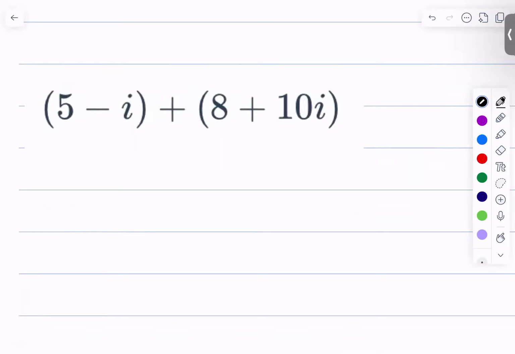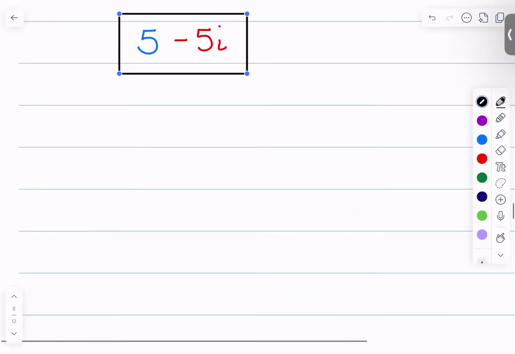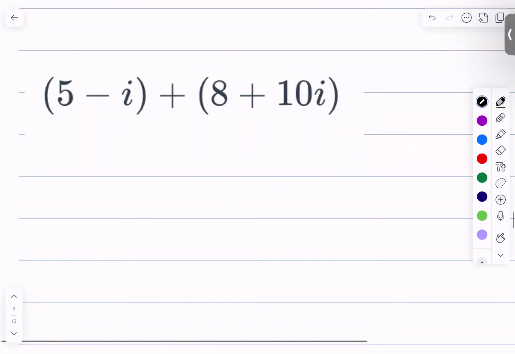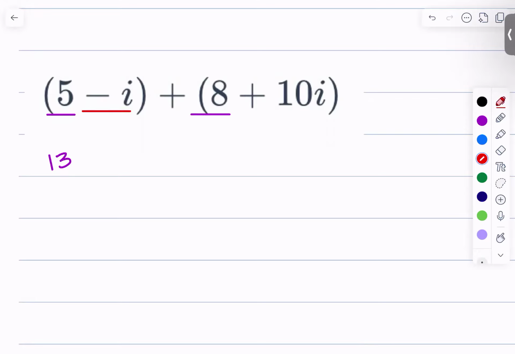So when we're adding them, like my next example, it's even simpler, because we're just going to ignore the parentheses and gather the like terms. Here's my next example. 5 plus 8 is 13. -i, take the sign with it, plus 10i is plus 9i.